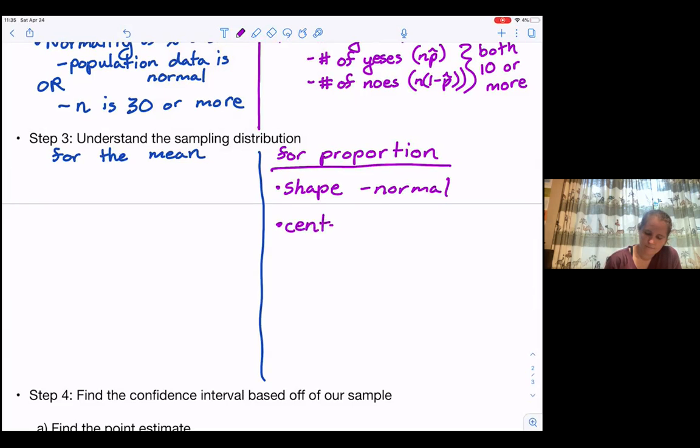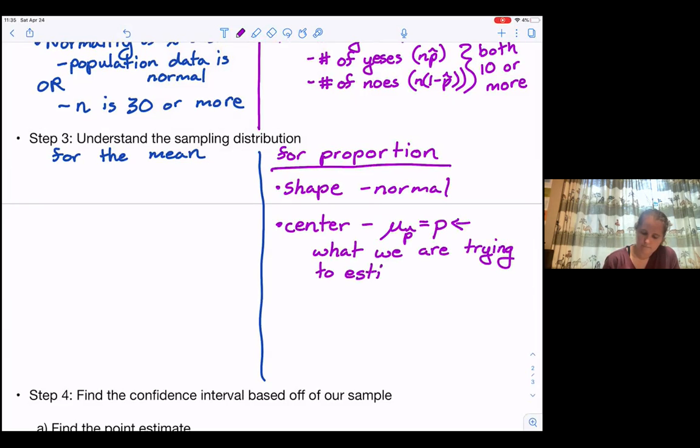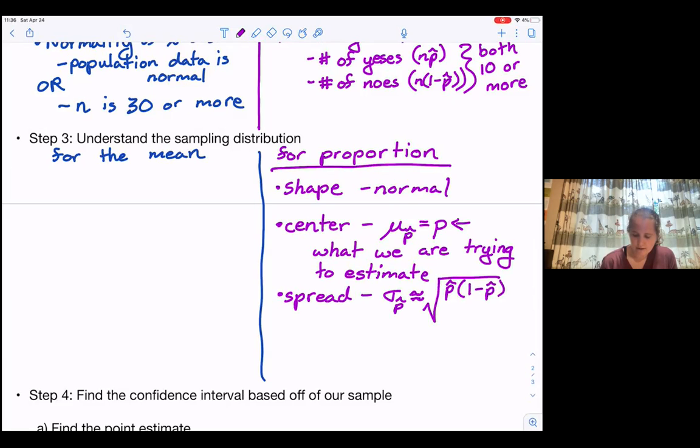Center, we have that the mean of the p-hat distribution is the population proportion, which is what we're looking for. So this is what we're trying to estimate. And then our spread, we had sigma sub p-hat equal to the square root of, and then we would use p, but we don't know p, so we do approximately p-hat times 1 minus p-hat divided by n.